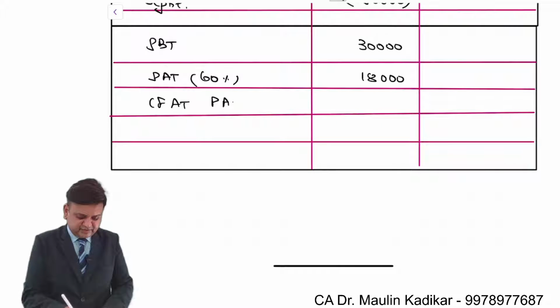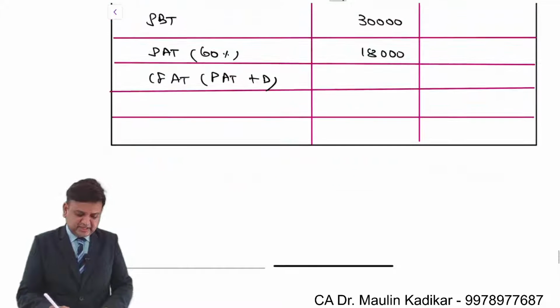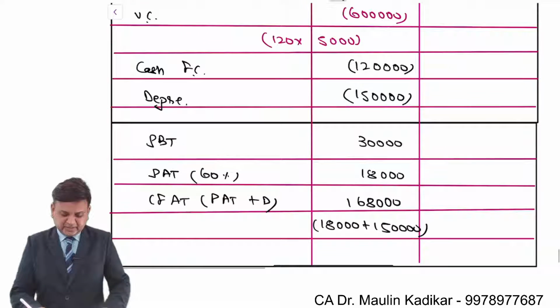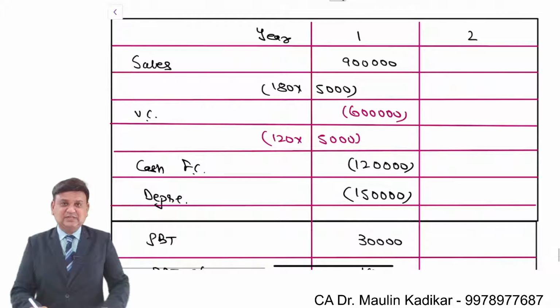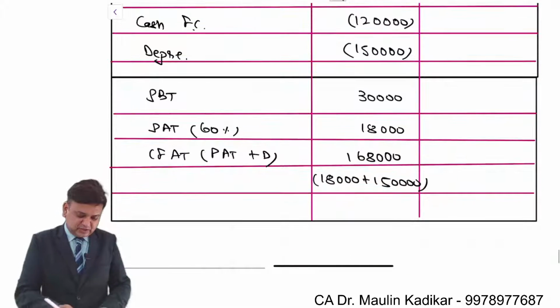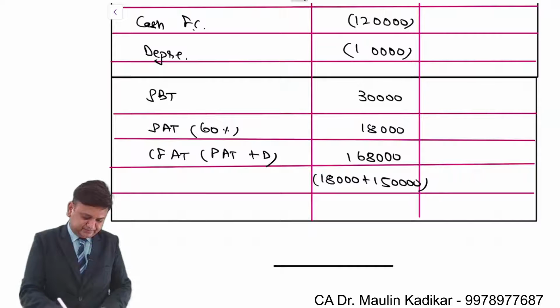CFAT is profit after taxes plus depreciation. So it is 18,000 plus 1,50,000. That comes to 1,68,000. This is the way CFAT for the first year can be calculated. I am sorry, the depreciation amount is 1 lakh.